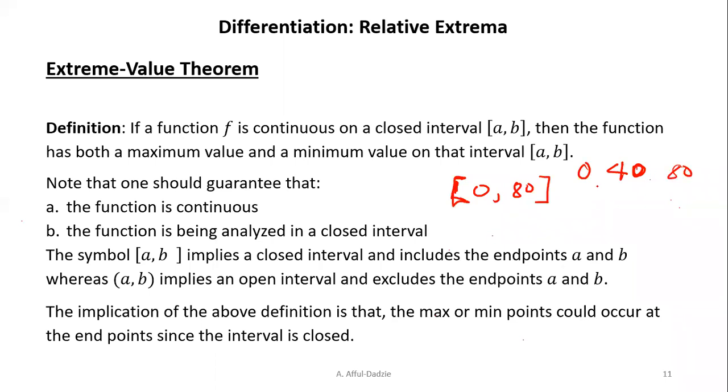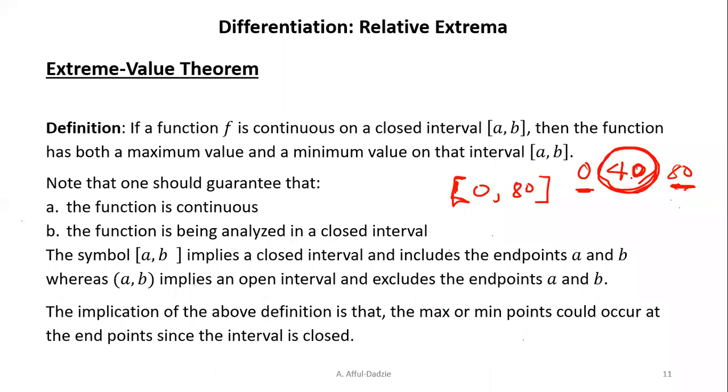So what the extreme value theorem tells us is that, even though we have found the maximum point, having done the first derivative test and the second derivative test, let's evaluate the endpoints, the extreme points, in addition to the maximum value, and be sure that indeed this is our maximum.